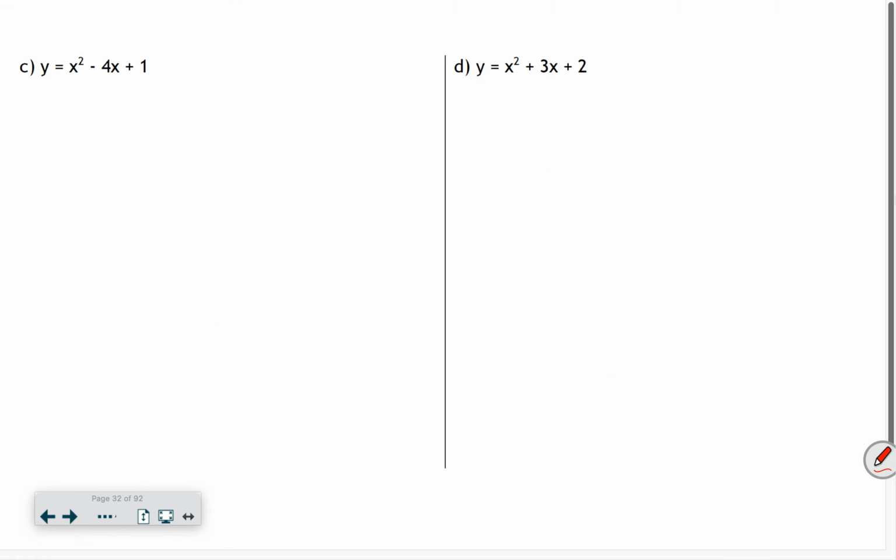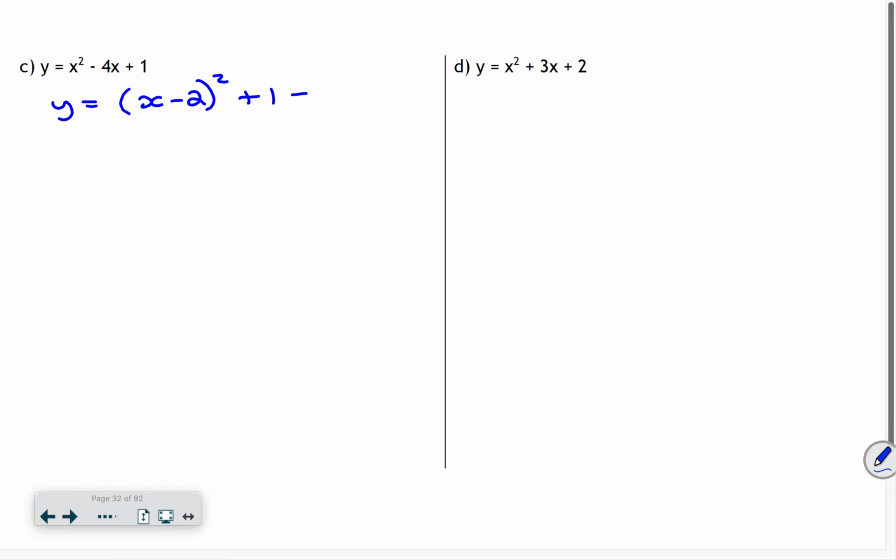Let's take a look at example C. So same idea. We're going to halve the middle number, drop the x, take the square up. So I get y is equal to (x minus 2) all squared, plus 1. Then I'm going to take away the square of the number inside the bracket.